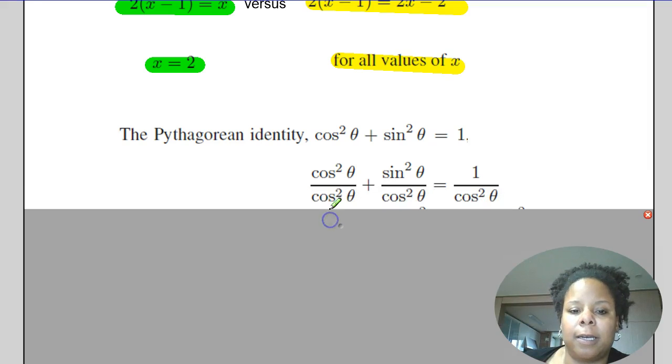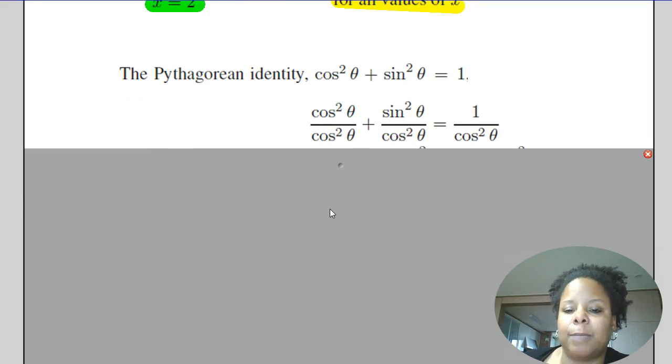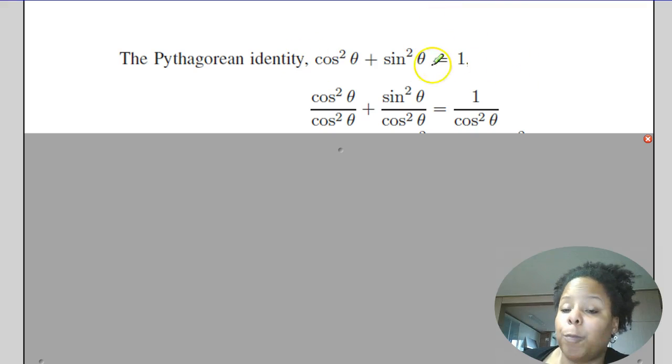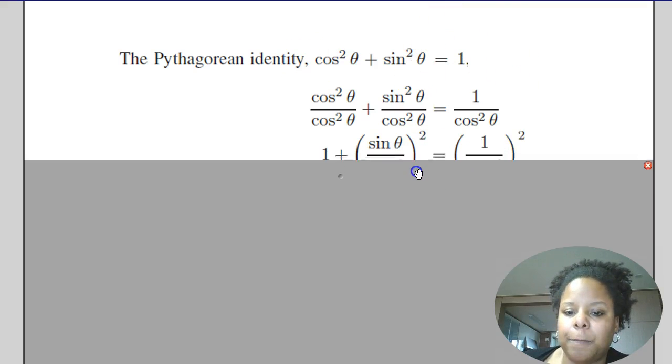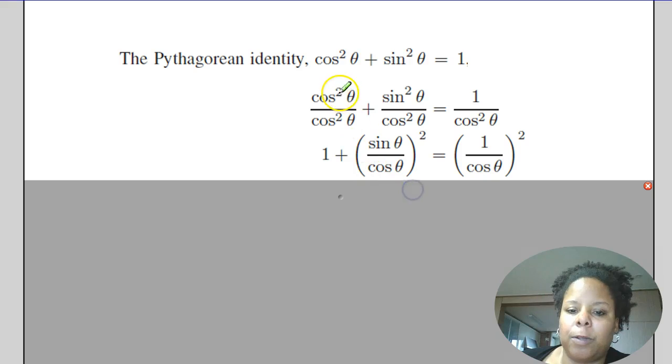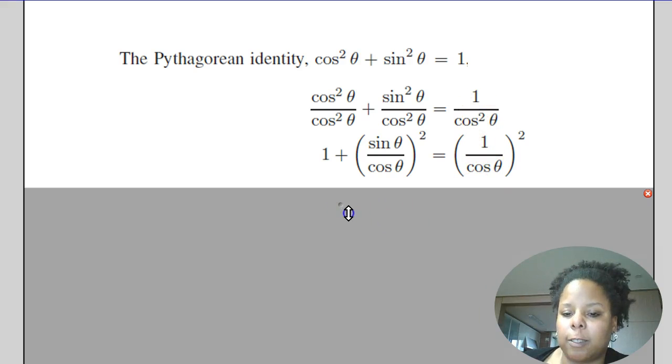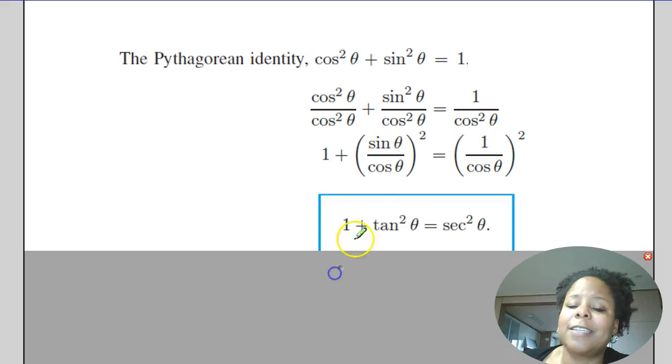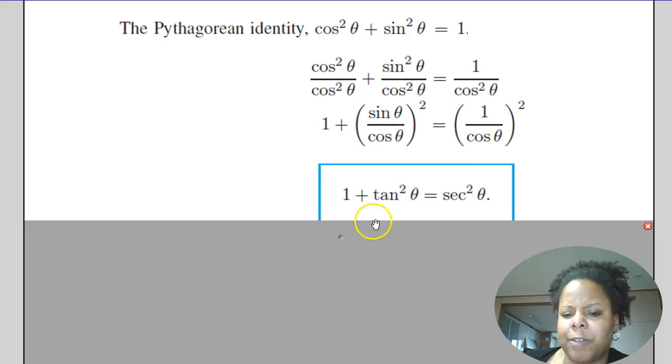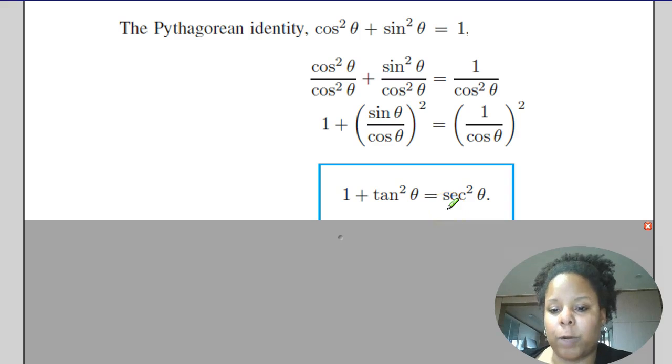And we can also look at a relative of the Pythagorean identity by dividing both sides by cosine squared theta. And then we end up with 1 plus sine squared theta over cosine squared theta equals 1 over cosine squared theta. And it gives us another identity based off the Pythagorean theorem, which is 1 plus tangent squared theta is equal to secant squared theta.